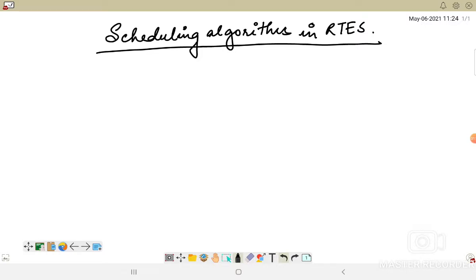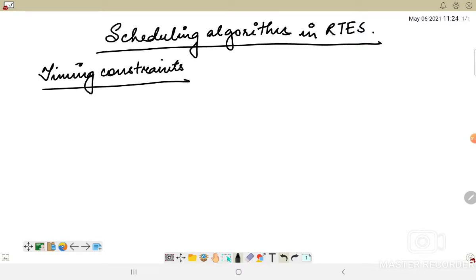A real-time control system consists of many concurrent periodic tasks having individual timing constraints. So these timing constraints include, I'll write it for you, first of all the release time, which is represented as Ri. We have the worst case execution time.